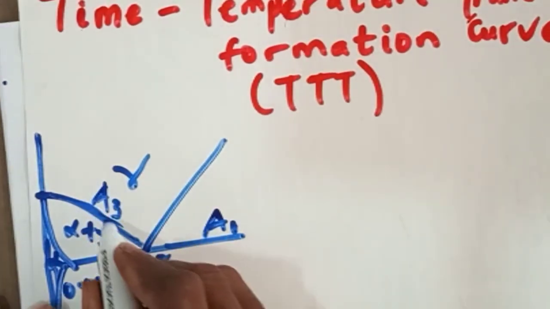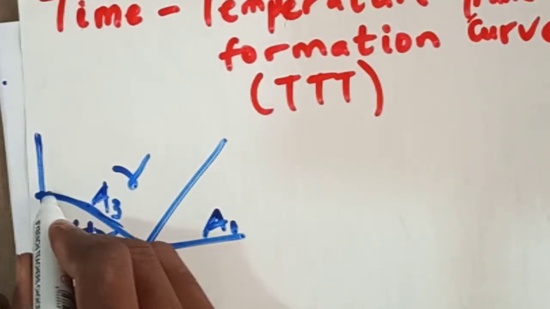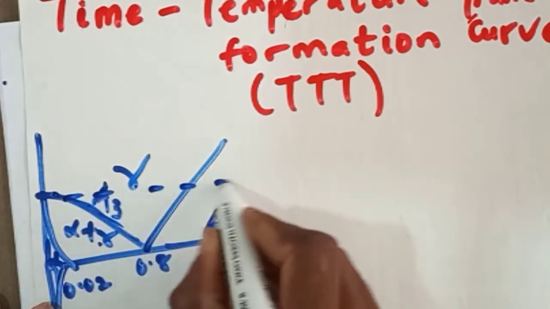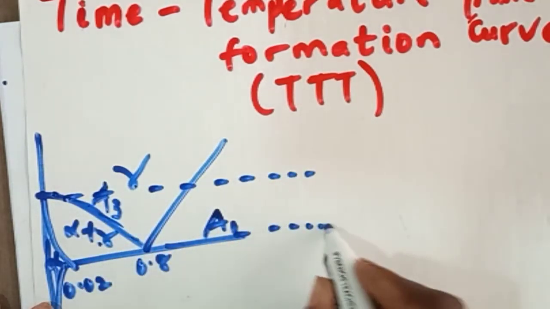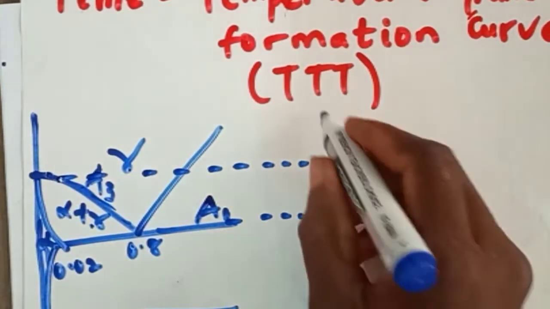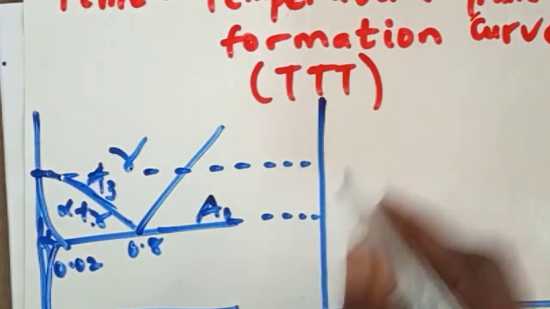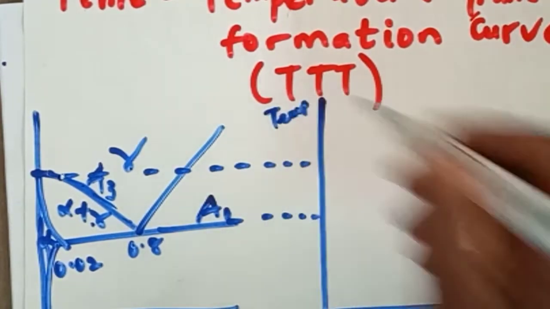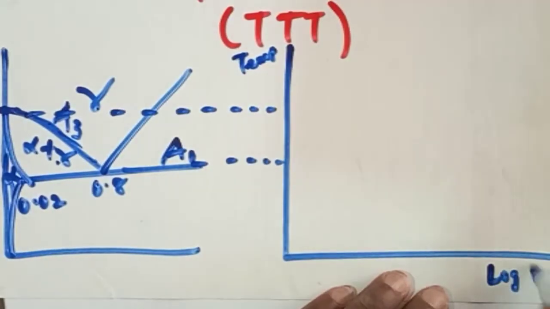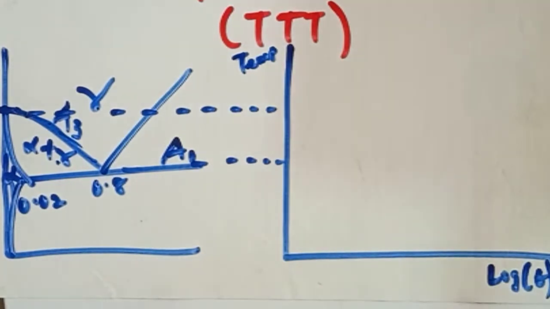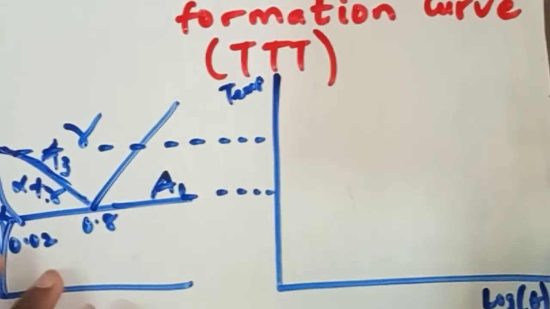Now from here I can extend this line outward. Let me extend this A1 outward. Then if I do that, let me just draw a line here. So this TTT curve is a curve of temperature against log of time, so that it can capture all the transformation in any time.